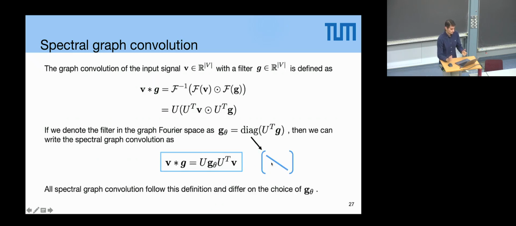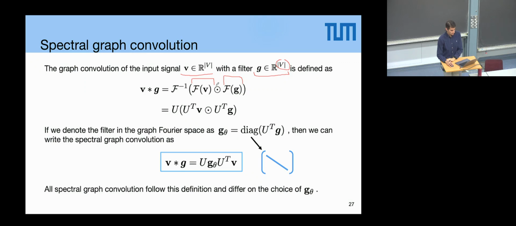Okay, so now we know how to express our graph signal in the graph Fourier space. So to apply a convolution to our graph signal with a filter with a number of elements or weights also equal to the number of nodes, we apply the graph Fourier transform of the graph signal and the graph Fourier transform of the filter.